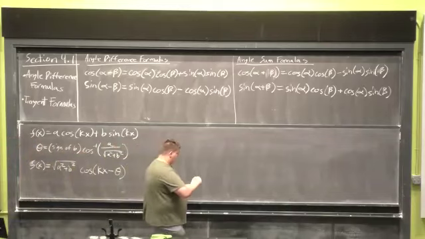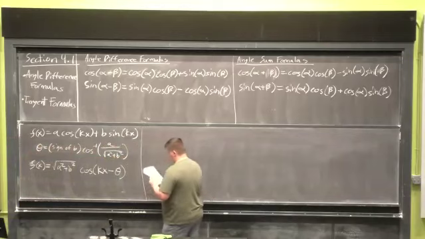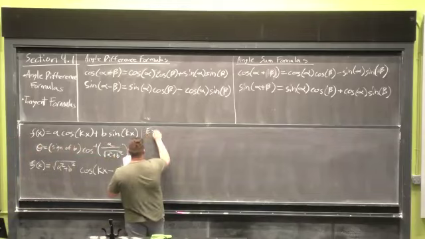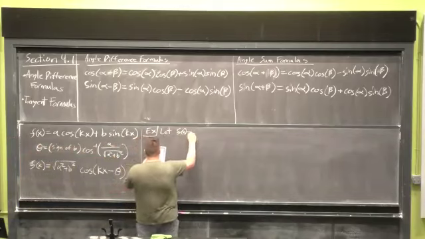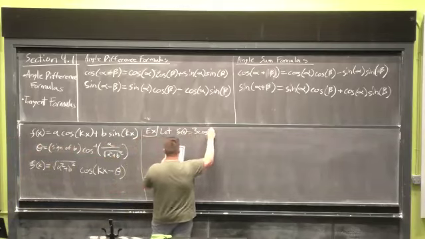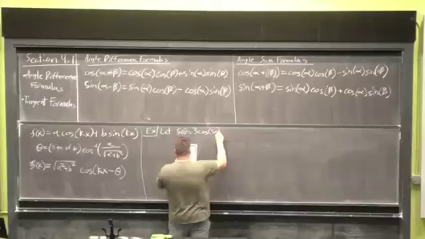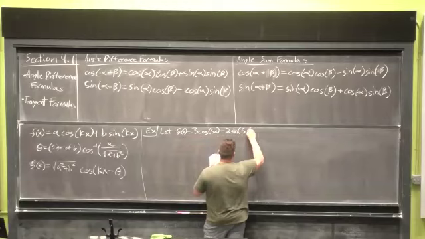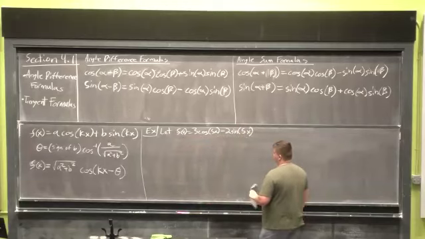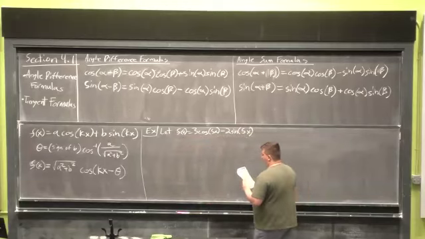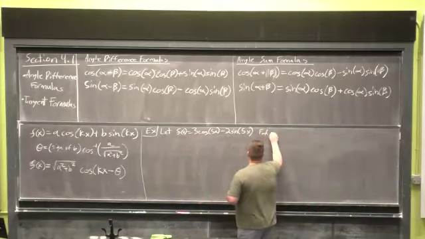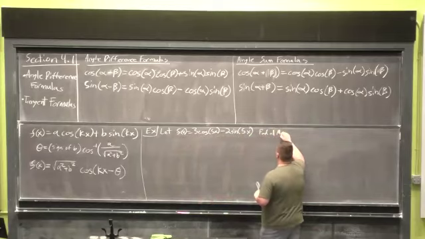So let's see an example of this. For example, let f of x be equal to 3 cosine of 5x minus 2 sine of 5x, and we want to find all maximum points.